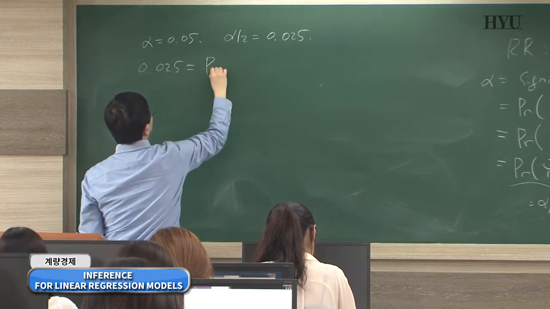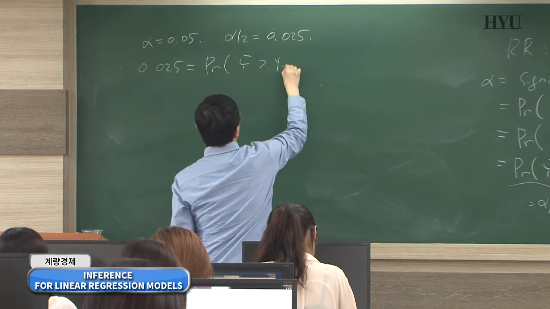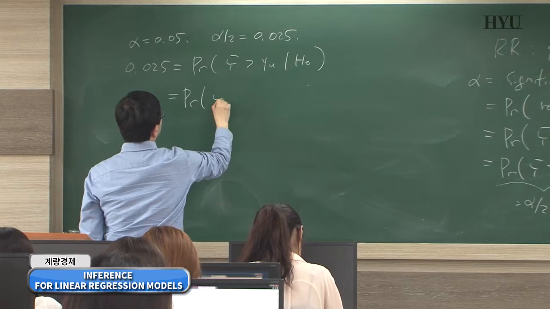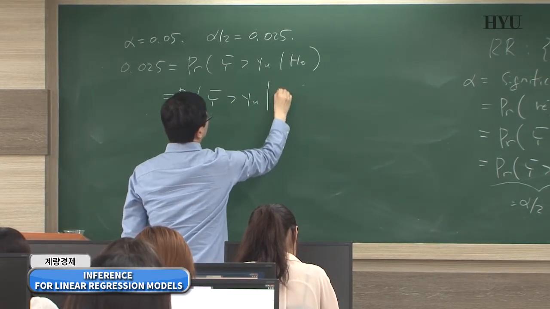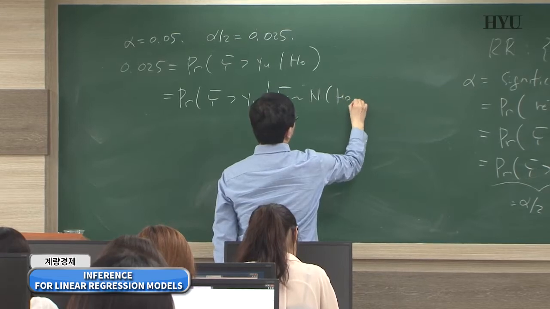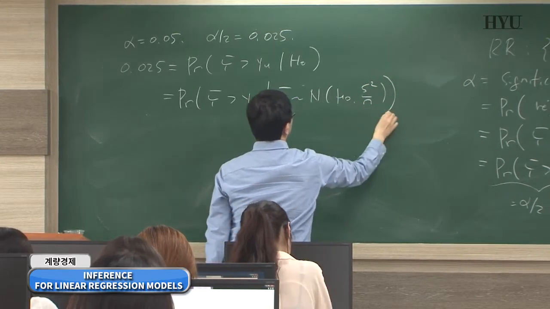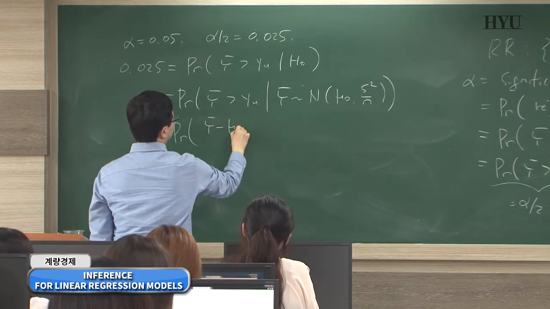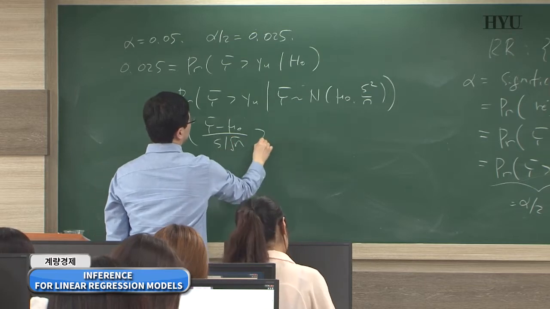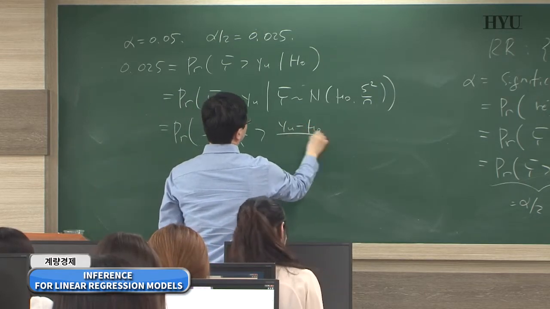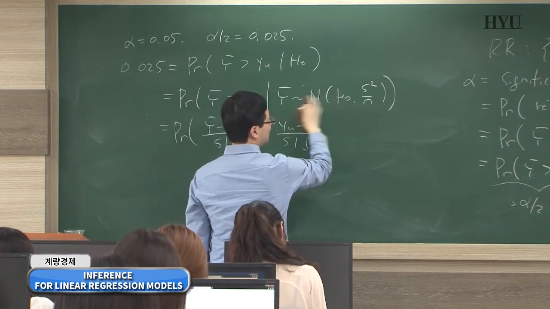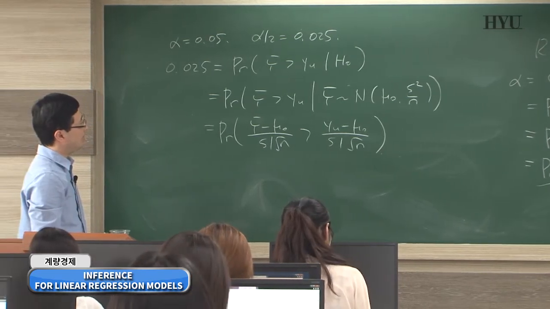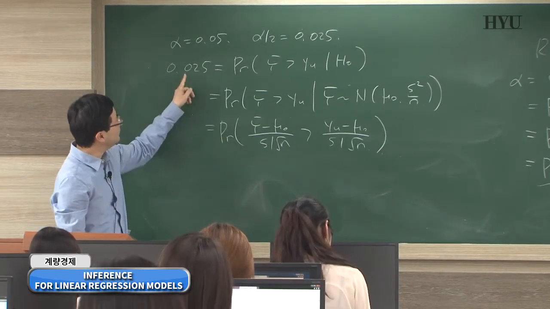Half of the alpha must be equal to this. Now we standardize. I just used this information, so let me drop the condition, okay? So this probability must be 0.025.